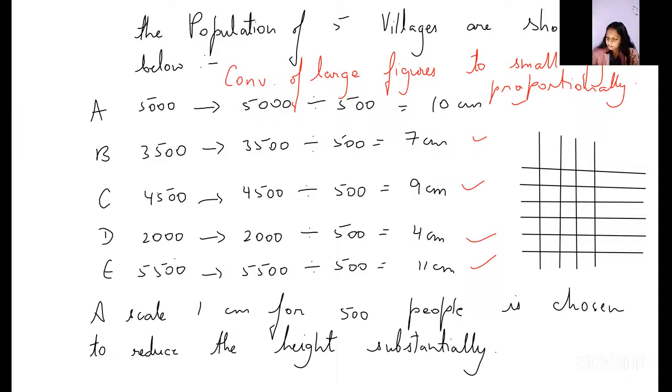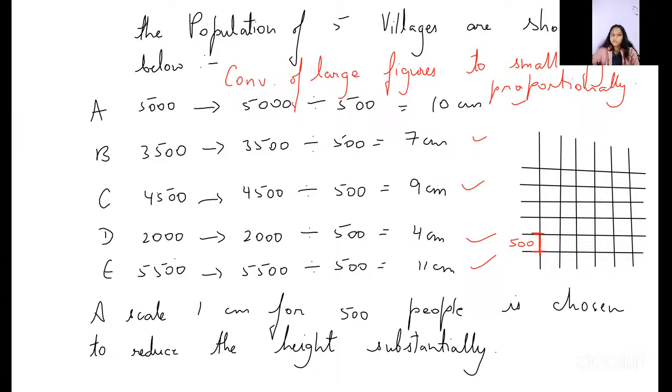What we just did is a scale of 1 centimeter for 500 people. We assume that this is going to be for 500 people. All right, 1 centimeter equals 500 people.